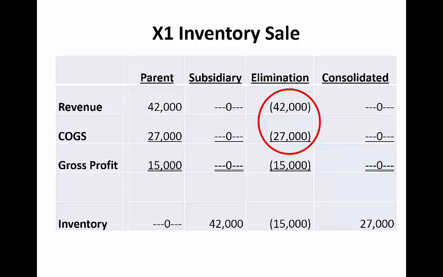And that something is we're going to put it in inventory. So we're going to set it in inventory temporarily, and that's going to do two things. It's going to give the deferred gross profit a place to sit for a while, and secondly, it's going to state inventory at its correct value. Not at the overstated value of 42, but at the stated value of 27,000.